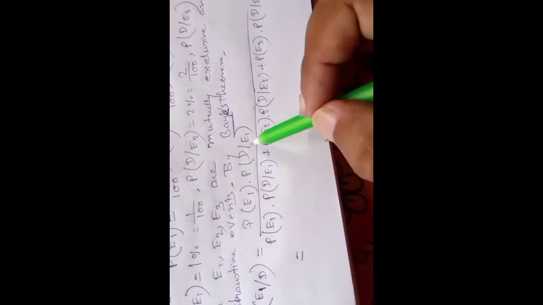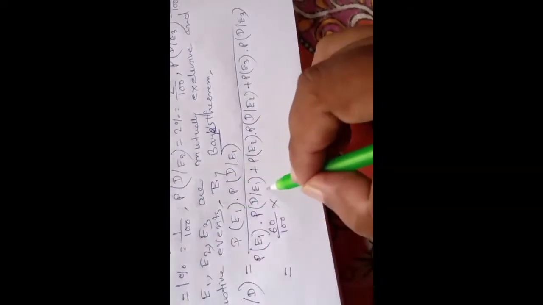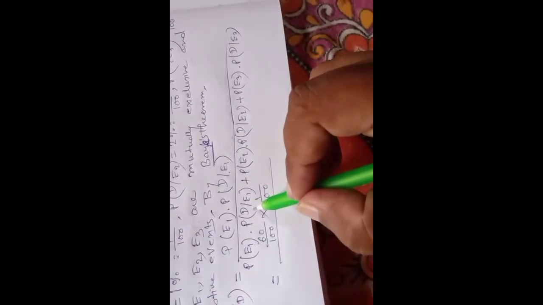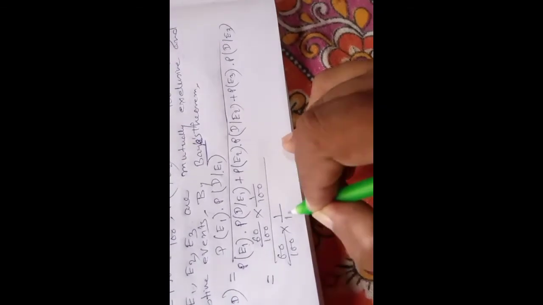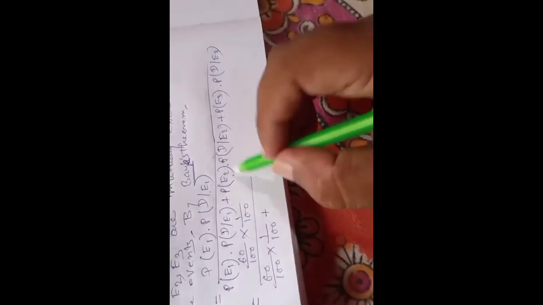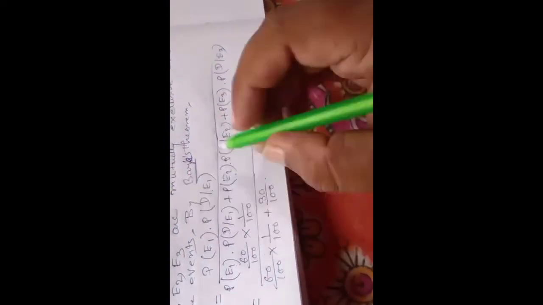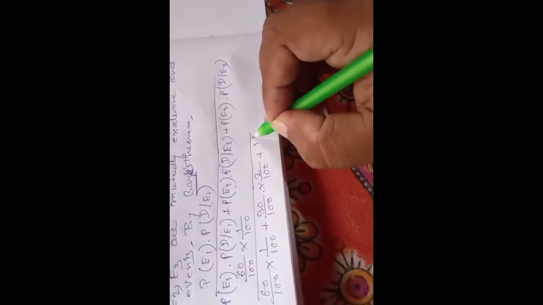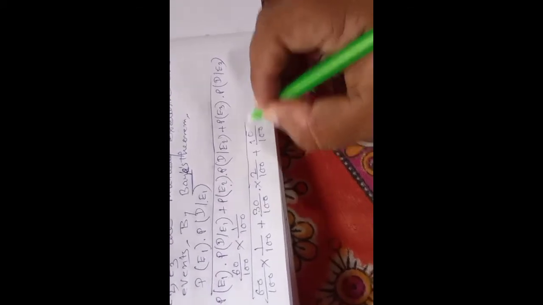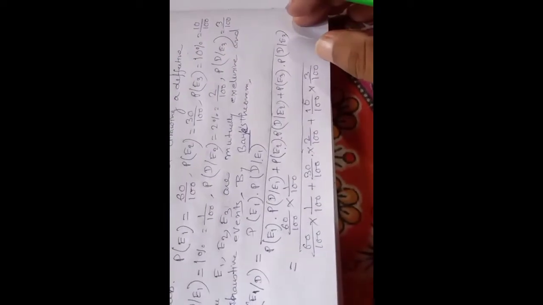P of E1 into P of D by E1 is 60 by 100 into 1 by 100, plus P of E2, which is 30 by 100, into 2 by 100, plus P of E3, which is 10 by 100, into 3 by 100. Hope you are able to see.